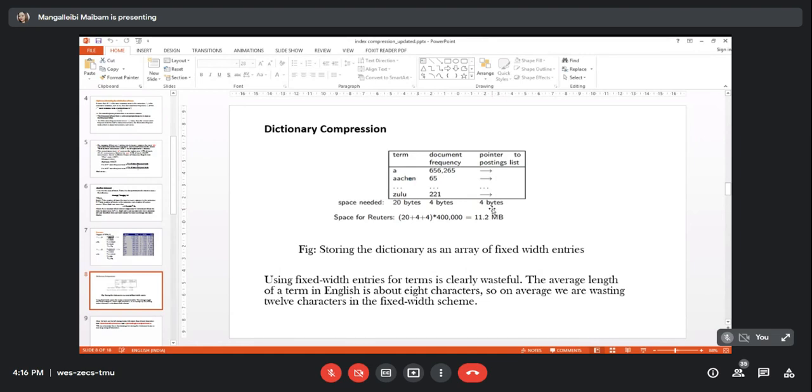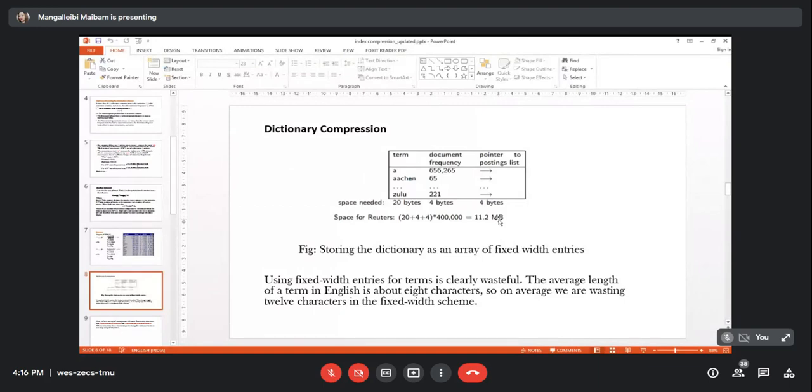So the total space required for storage is 20 bytes plus 4 plus 4, times 4 lakhs. 4 lakhs is nothing but the total number of terms in the Reuters text information. So we get around 11.2 MB of storage capacity.